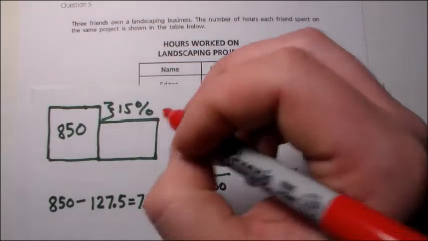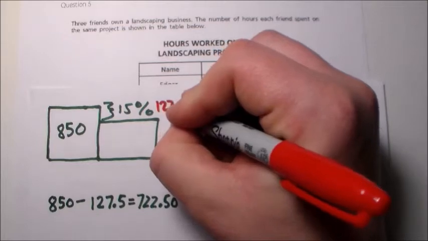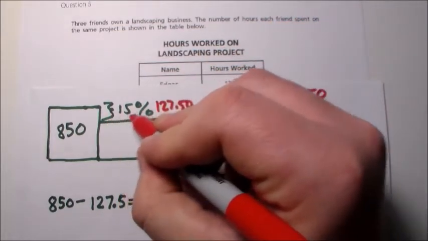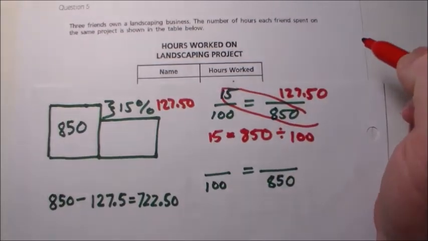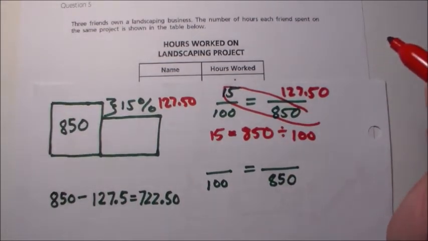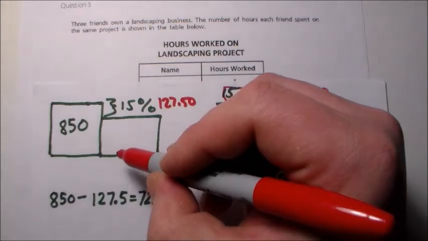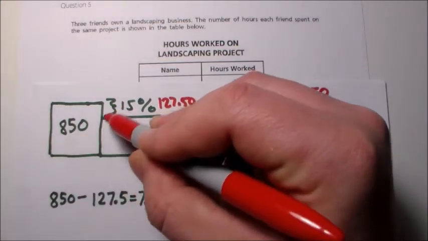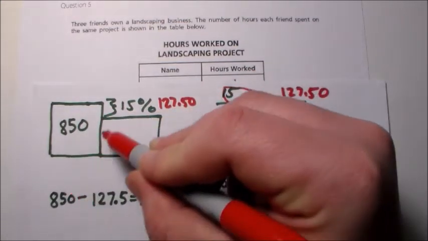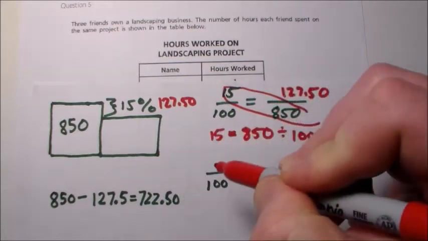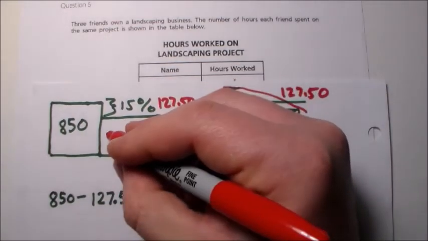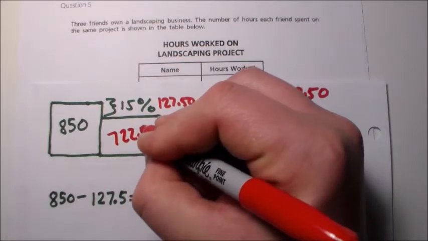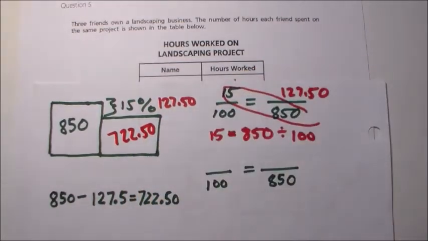No. That means $127.50 is the 15% that goes to the joint savings account for future projects. To get the amount they divide, you take $850 minus $127.50, and just plug it in your calculator: $722.50. That's the amount they're going to divide up.